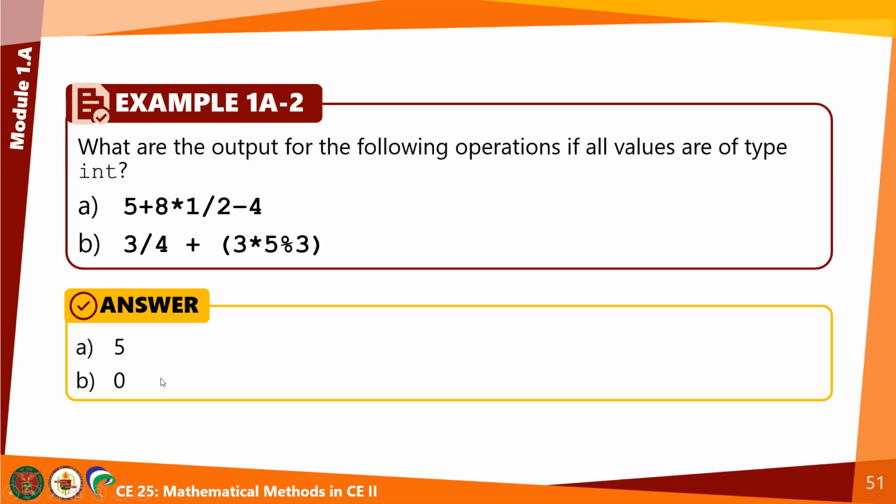Bakit 0? Naka-int. Tama, no? So, dapat int siya. So, susundan niya yung data type ng mga minumultiply, yung mga ina-arithmetic operations niyo. Okay? So, int siya. So, 0.75, ginawa niyang 0.